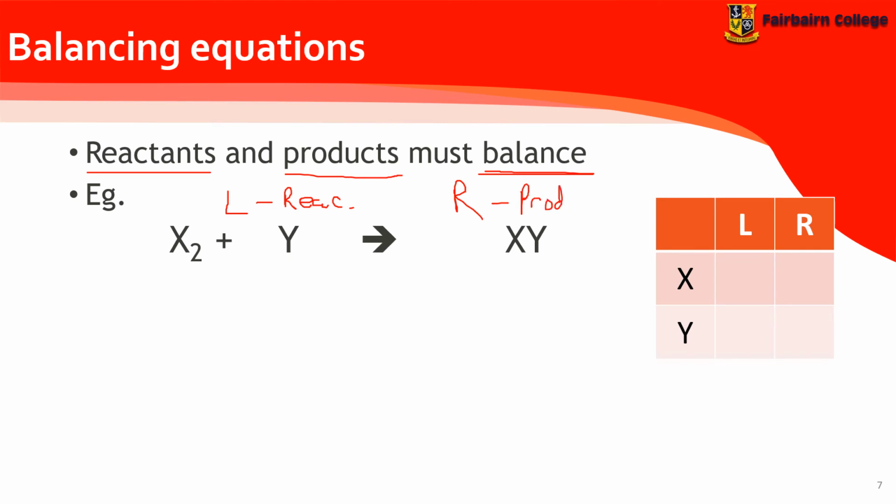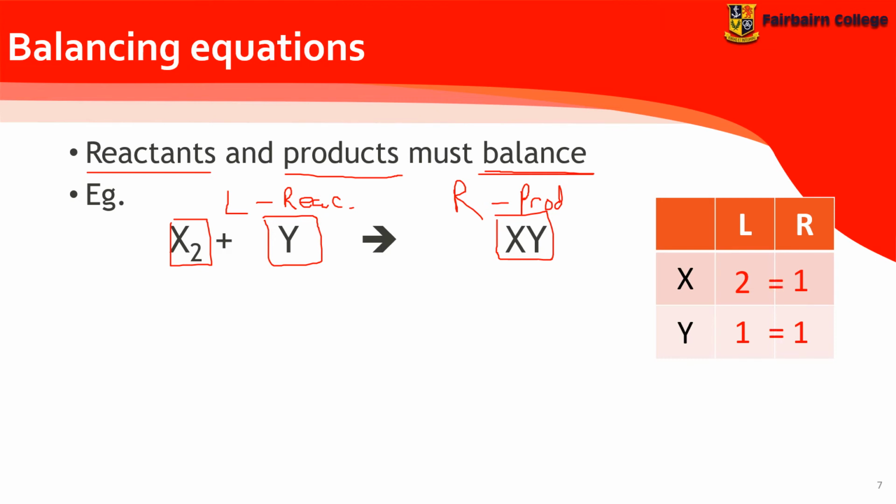So if we look at the left-hand side, then we have X2, which means there are 2 X atoms, and just Y, which means there is 1 Y atom. And if we then look at the right-hand side, XY, that means there is 1 X atom and 1 Y atom.